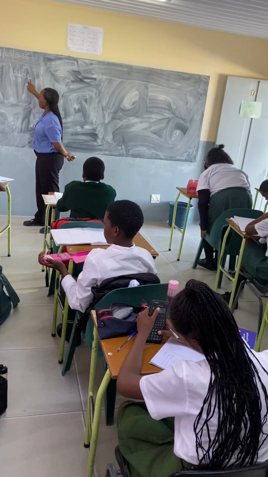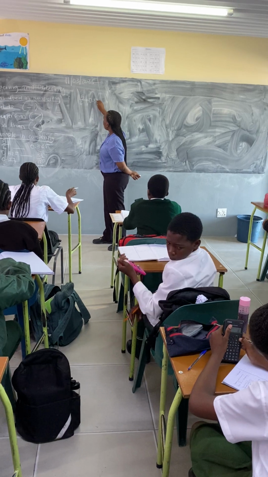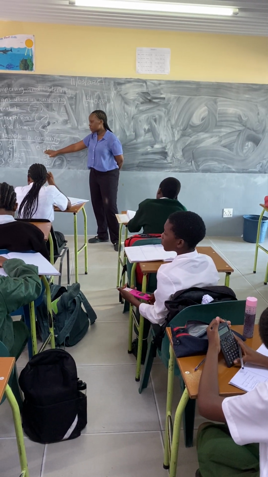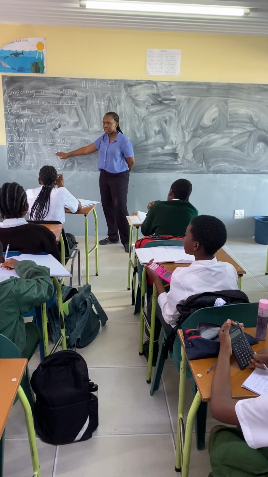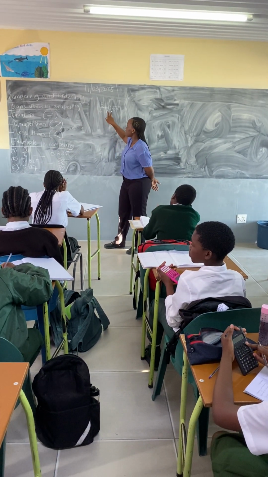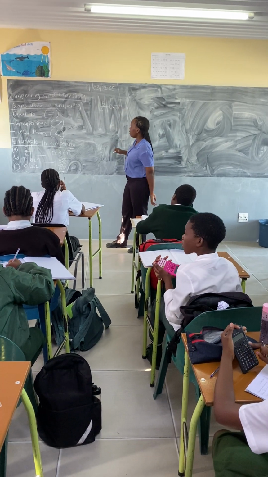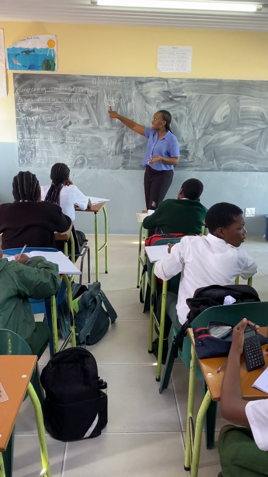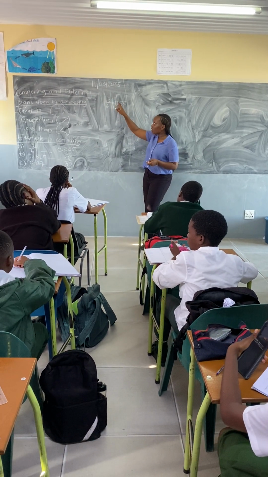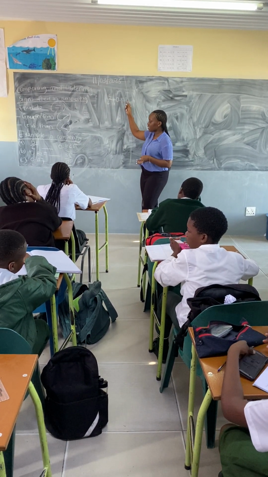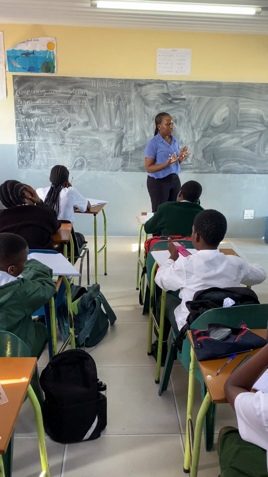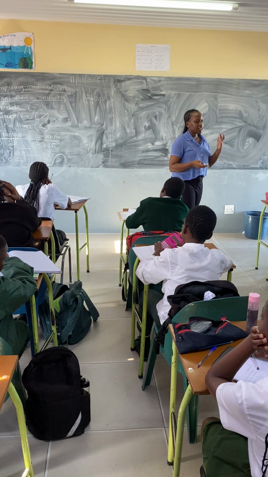How many decimal places do we have in this one? We have 3 decimal places, so try to give this answer also in 3 decimal places. So 5 over 6 is equal to 0.833.